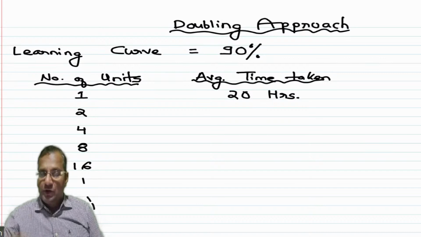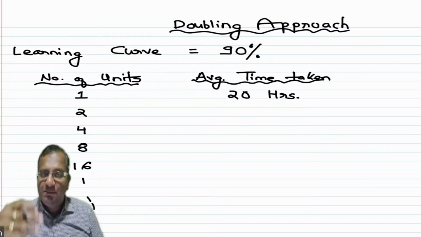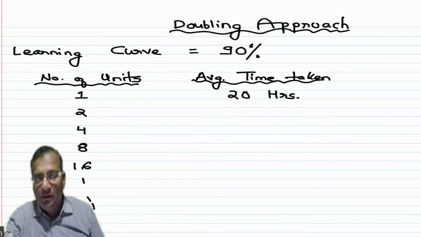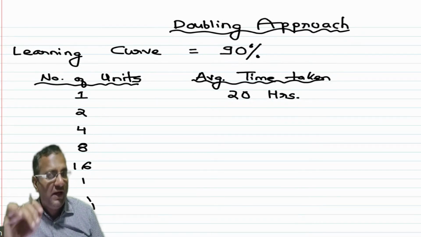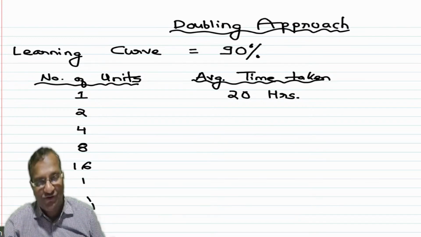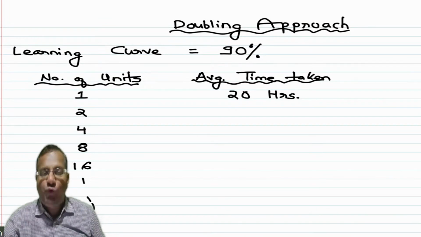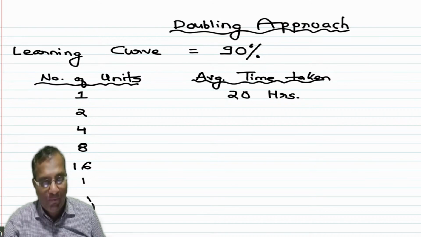Okay, beta. Now, a very important question I'm asking you. Although it might appear very simple, trust me, you have to make some calculation, then only can you provide me the correct answer. My question to you is, what is the time taken by unit number 2?